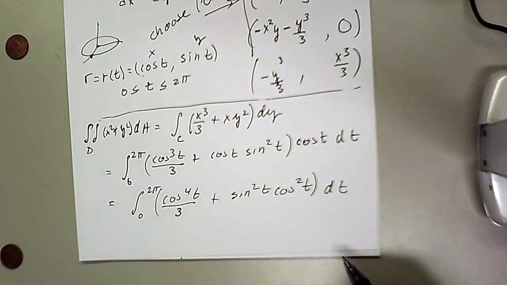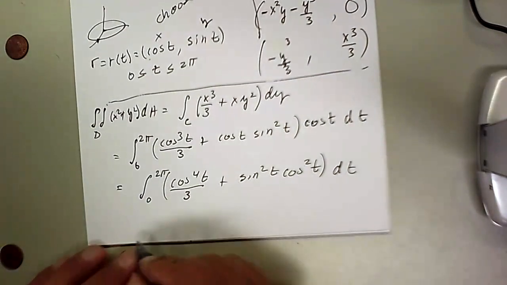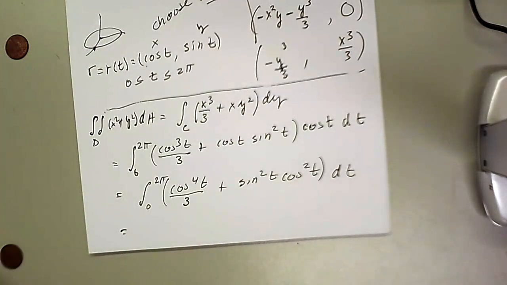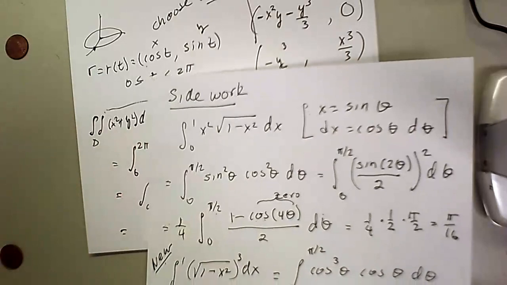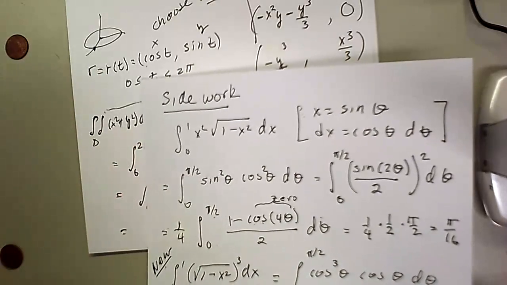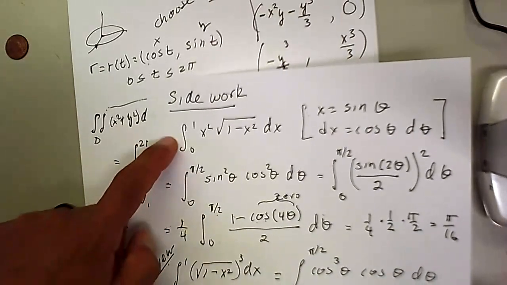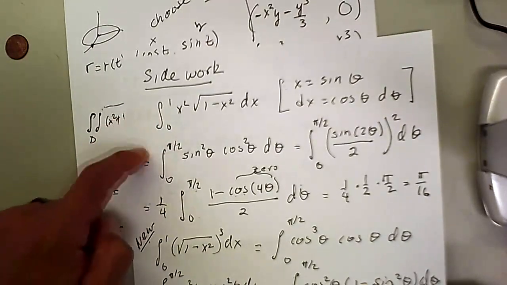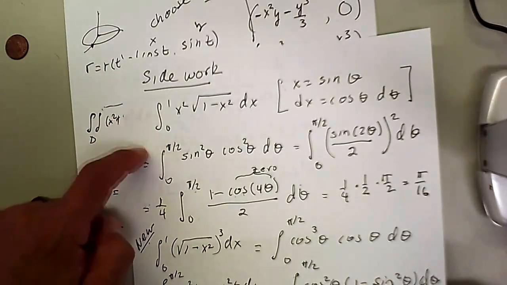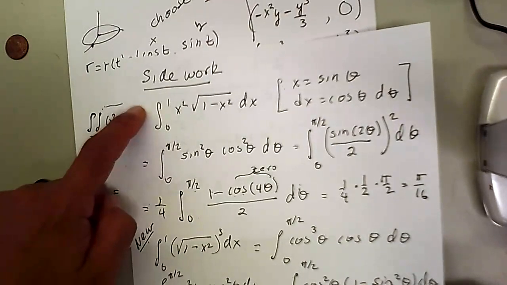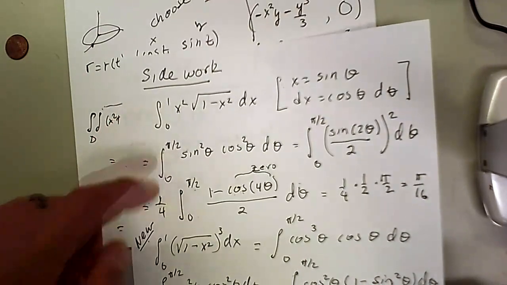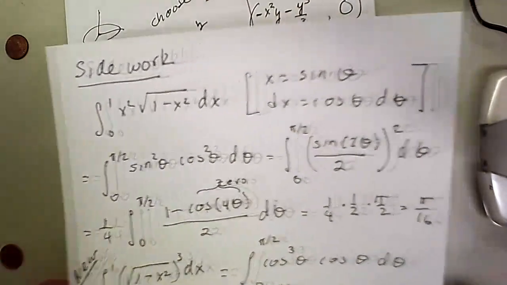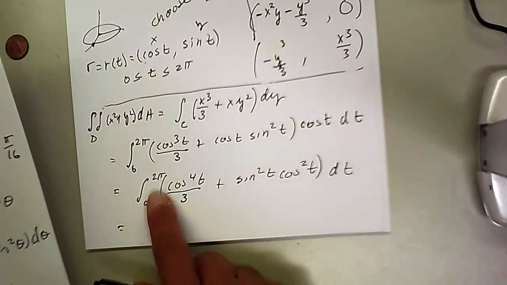Those integrals are familiar. The sine squared, cosine squared was the side work we did for the previous problem. Well, it was part of it. We did not start with that. We started with this, and that was a side shot of this problem. Oh, but wait a minute, this is from 0 to pi over 2, and this is from 0 to 2 pi.